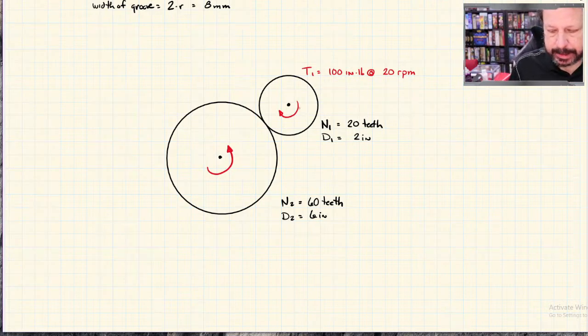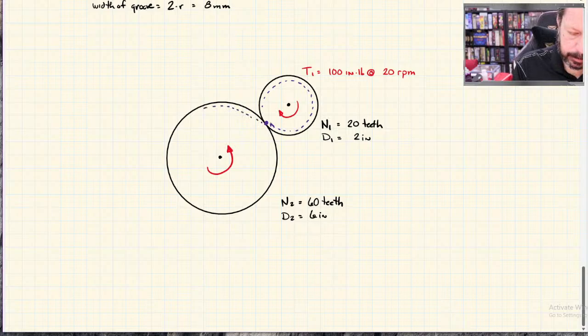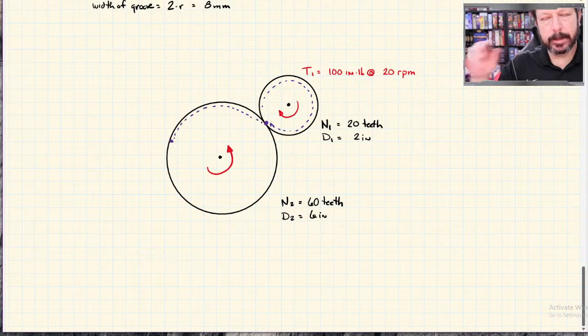So this one, since it is larger, let's just put a point right here on gear 1. That point goes around here, whatever that path is. Then on this gear, it's only gone to something like there. It hasn't made a complete circle, even though the smaller gear has gone a whole revolution.